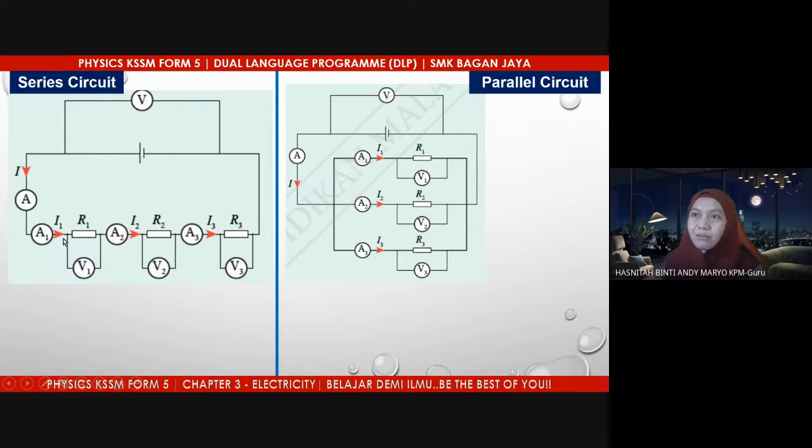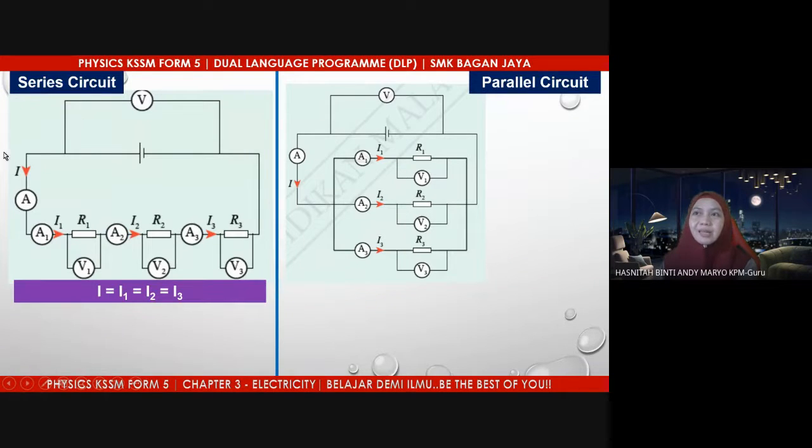You can see the voltmeter is connected in parallel to our conductor or load, and our ammeter is connected in series. This ammeter is also connected in series with our conductor, but the voltmeters are all connected in parallel with each conductor. So how do we find current, potential difference, and resistance in both circuits, students?